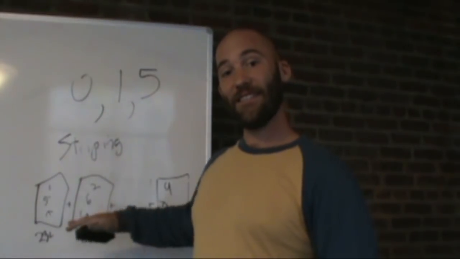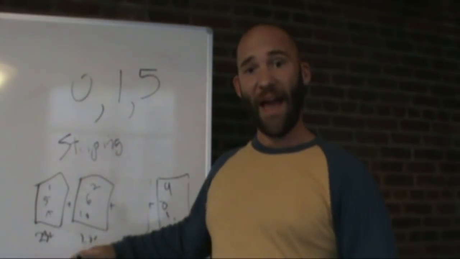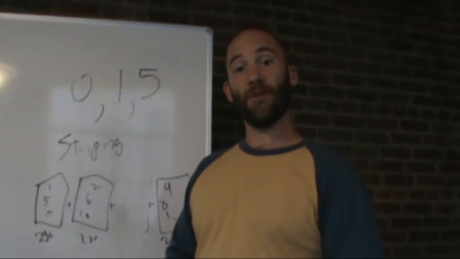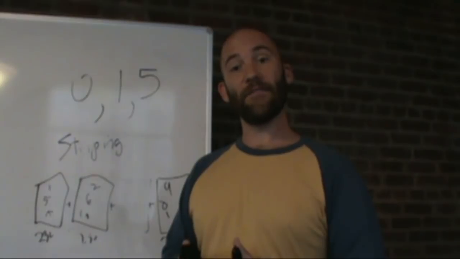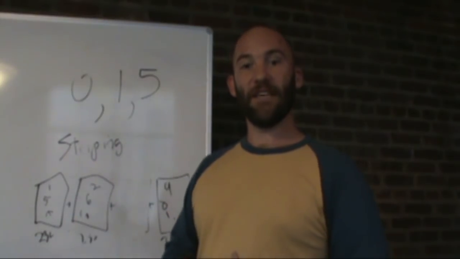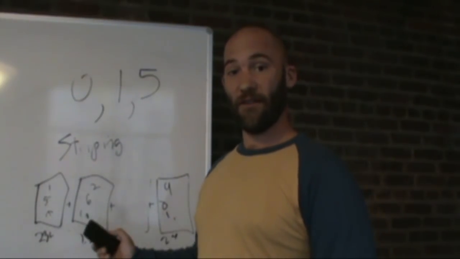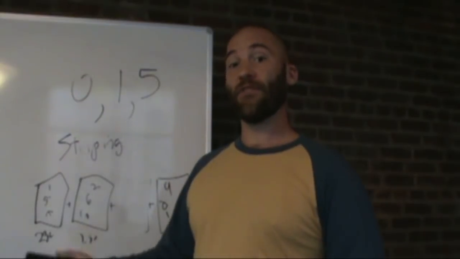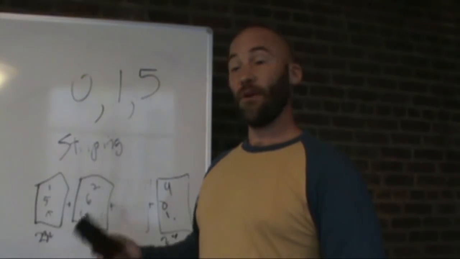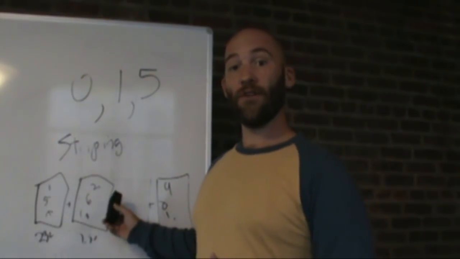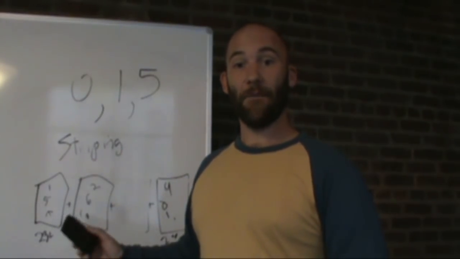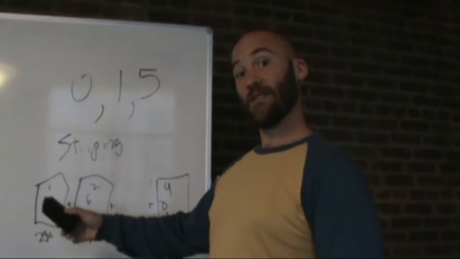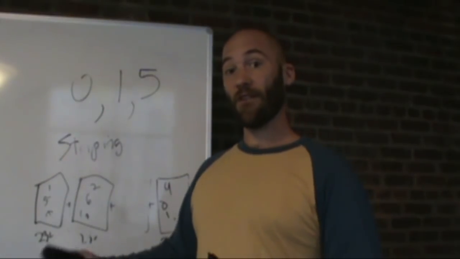So with RAID 0, it's very fast. It allows you to create a larger hard drive out of many smaller hard drives, but there's no redundancy. If a single hard drive fails, then all of your data has disappeared. So if you are using RAID 0, you have to make sure you are using some kind of backup system, because imagine how often hard drives fail.